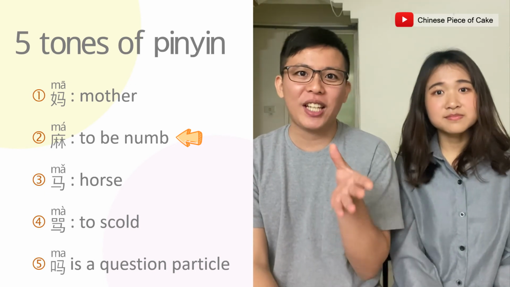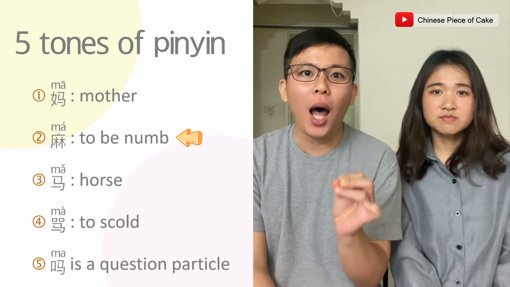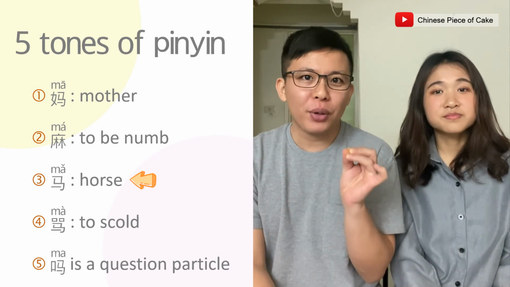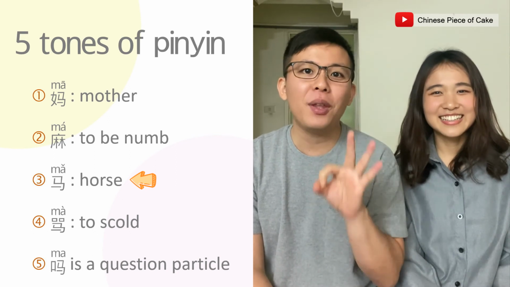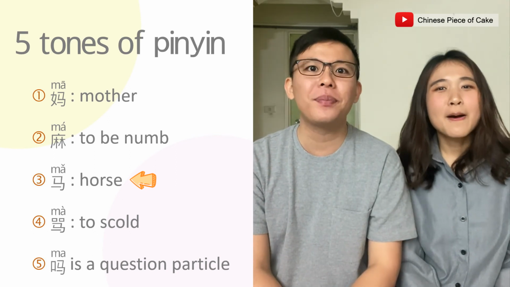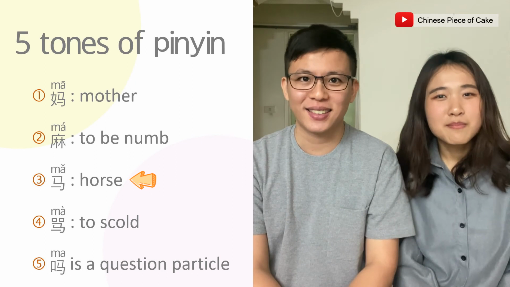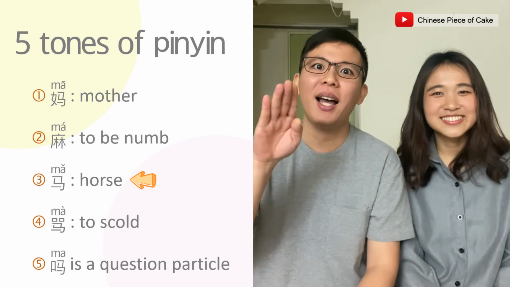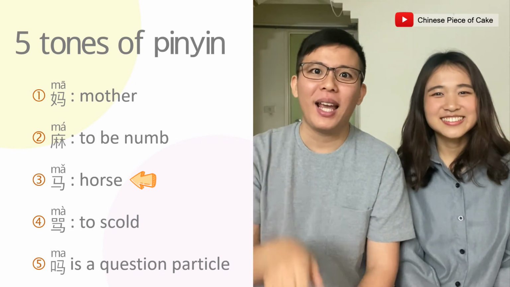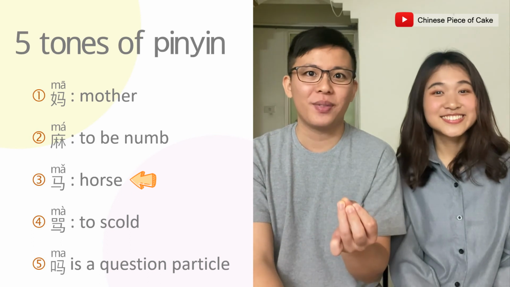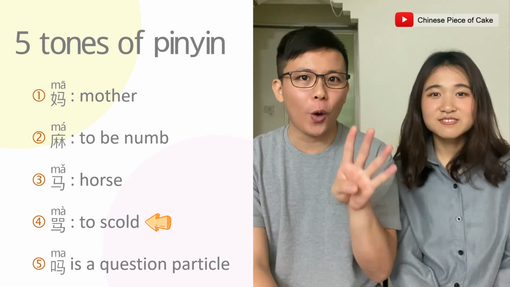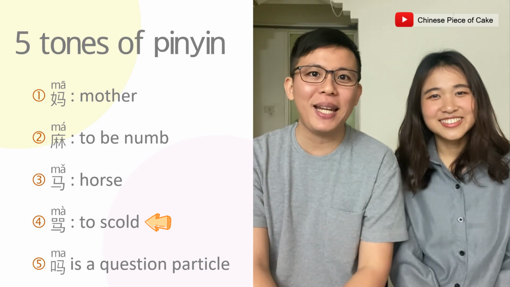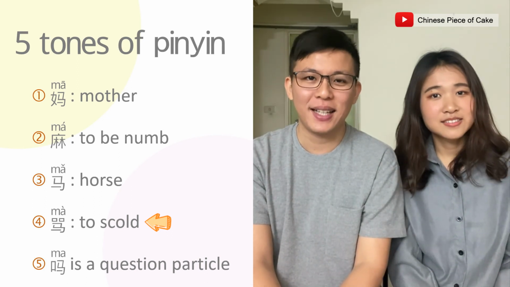When you pronounce this syllable in the second tone, the pronunciation would be má, and this Chinese character means to be numb. Next, in the third tone, the pronunciation would be mǎ, and it means horse. Next, in the fourth tone, the pronunciation would be mà.